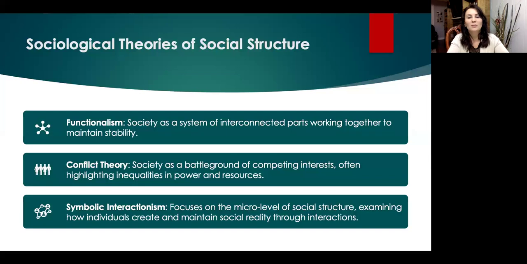Symbolic interactionism is one of the micro level theories that explain society at the individual level. It argues that society is based on symbols, and we communicate through symbols. Our language is a symbol. We developed them in the historical evolution, and every time we met something, we named it.